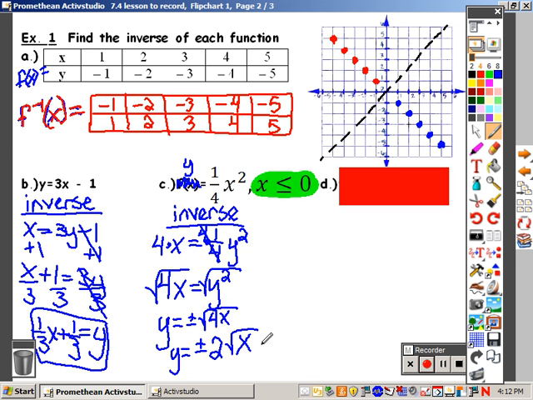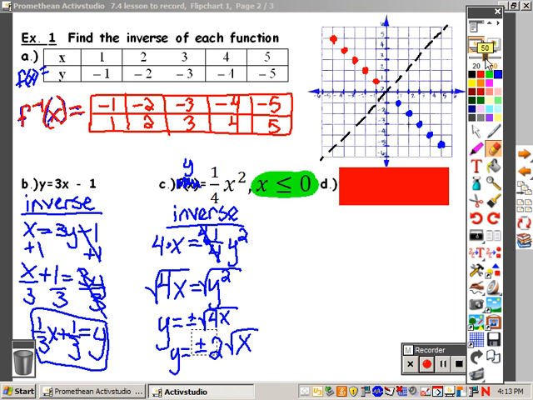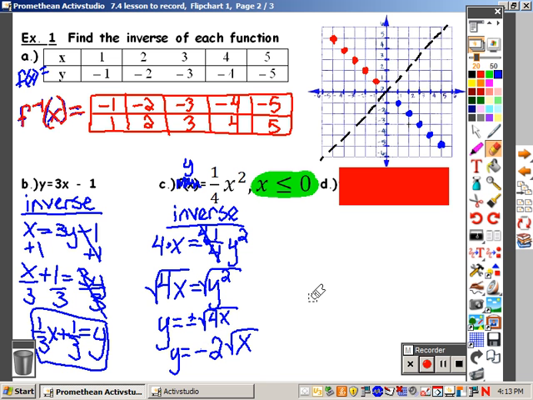If it's for all values less than 0, then which one do you think that would be? Hopefully you said the minus, because we're talking about values less than 0. And so that would be all negative values. So the answer, and there will be one similar to this on your quiz. No, not on your quiz, I'm sorry.